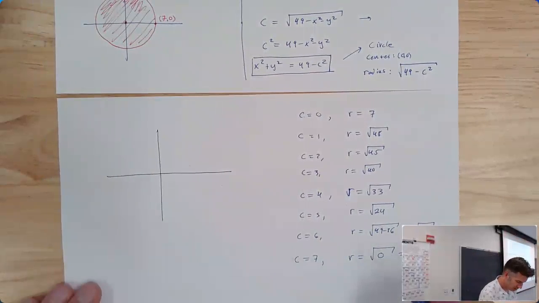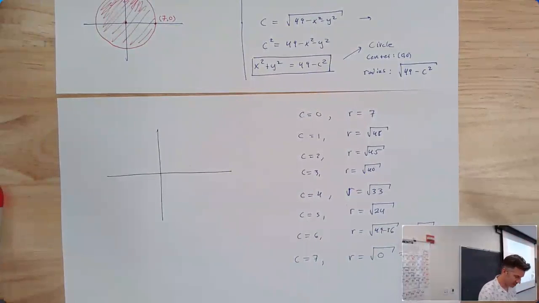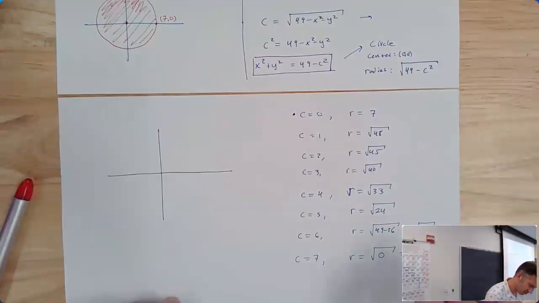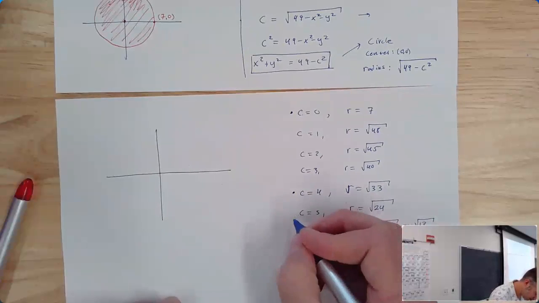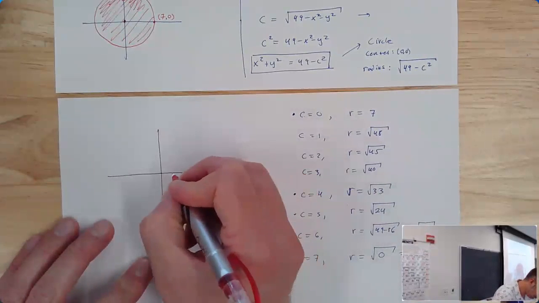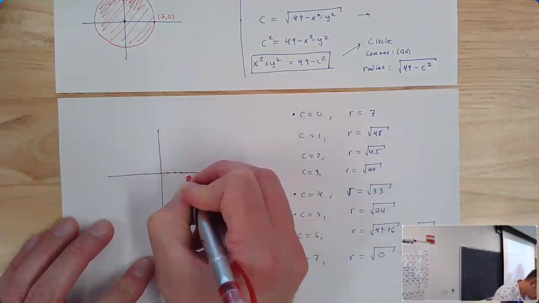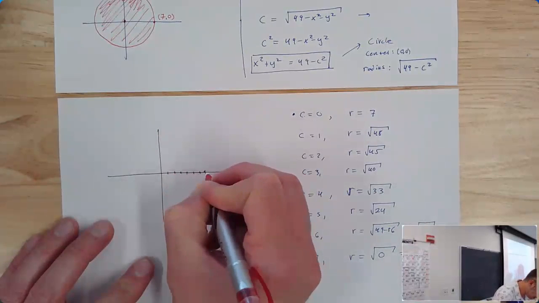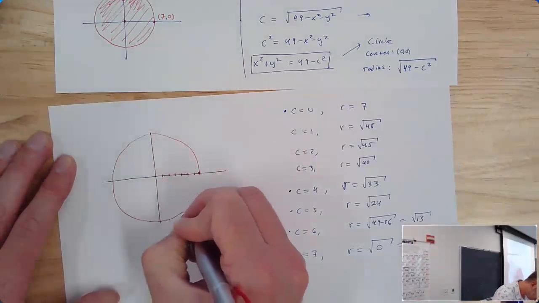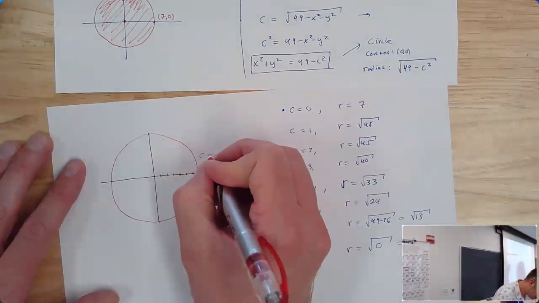Okay, so I'm just going to do a few of these. Let's do this one, and sure, this one, and actually these three. C equals 0. Try to be a little bit precise here. So here's my level curve for C equals 0.